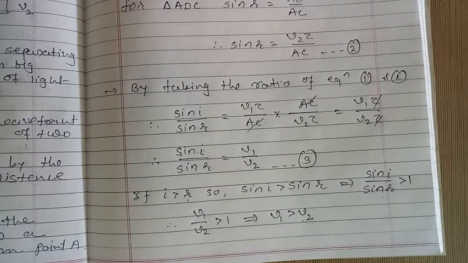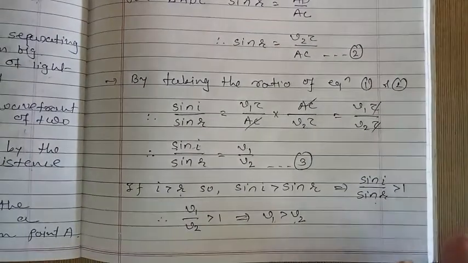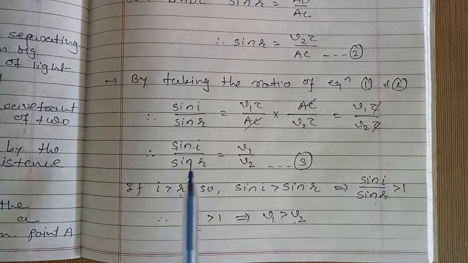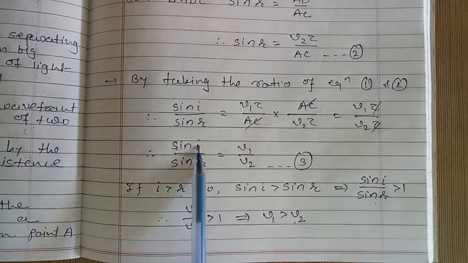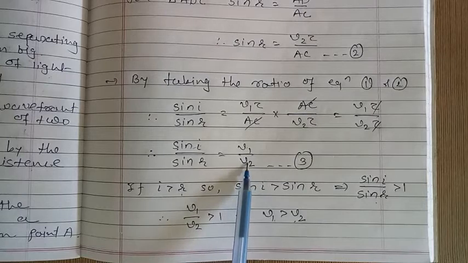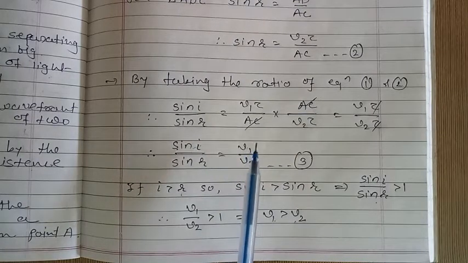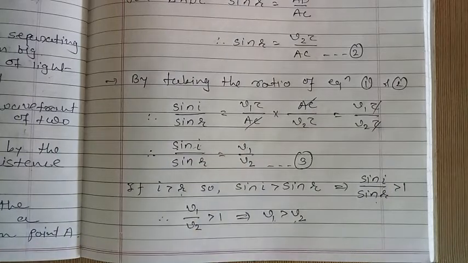Now we have to prove Snell's equation: n1 sin theta 1 is equal to n2 sin theta 2. But here, sin I upon sin R is equal to V1 upon V2, so we have to prove the relation between the refractive index and the velocity in the medium.